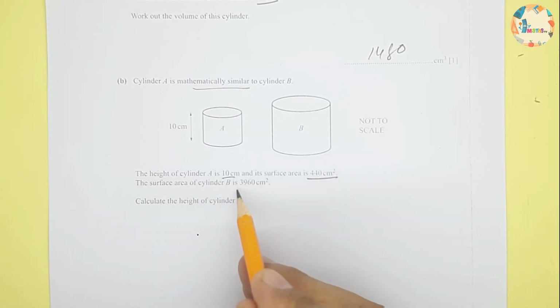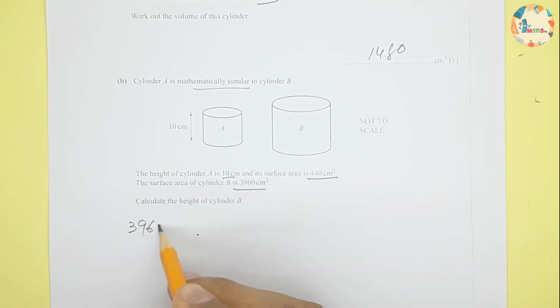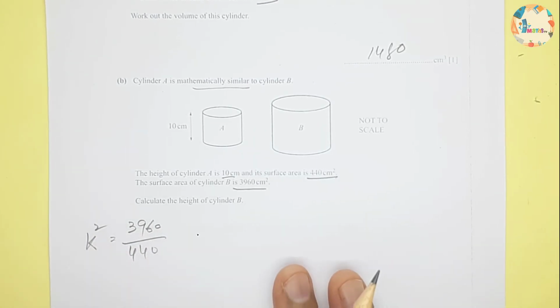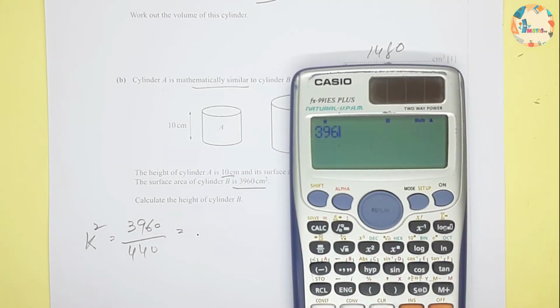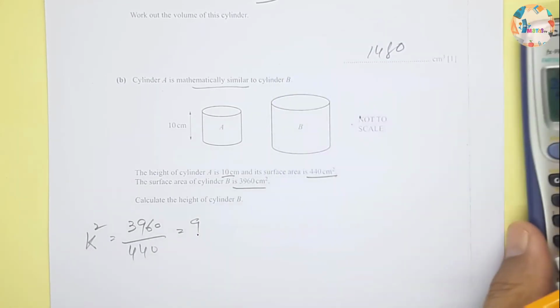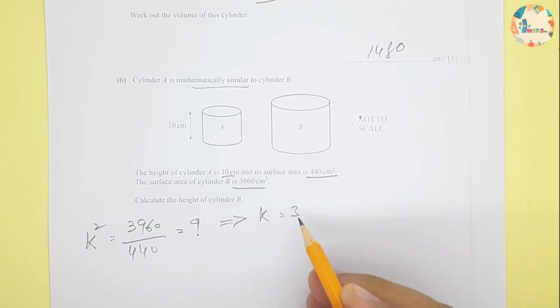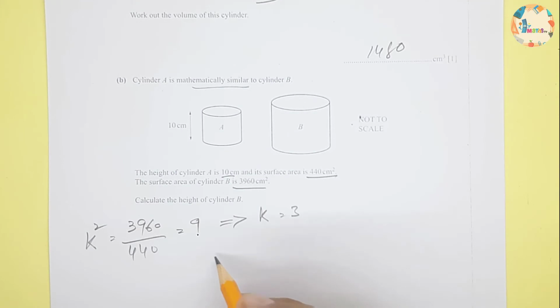So the area for both is provided, so we can check the ratio. 3960 divided by 440, this will be the area, so we'll be taking k square, the ratio squared, and if we take this as 3960 divided by 440, this will be 9, and this implies k is equal to 3, plus minus 3, but we will be taking only the positive value because it's length. Now calculate the height. So multiply this 10 by 3, so it will be the height of B.